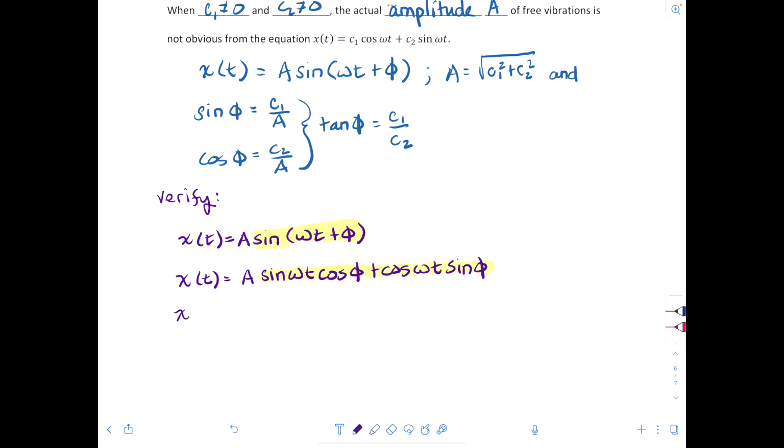Okay, so now continuing, x at t is equal to A times sine of phi, I'm switching things around a little bit, times cosine omega t plus A times cosine of phi times sine omega t.